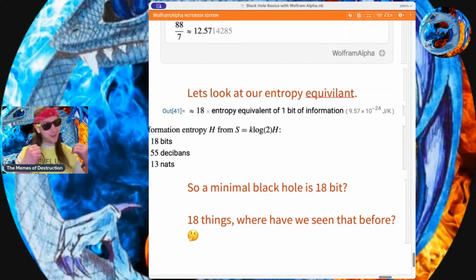Okay, I feel better about myself, because I would have had to rewire everything in my head. Apparently, for a minimal black hole, according to Wikipedia, its entropy is essentially 18 bits. So a minimal black hole is 18 bits. 18 things. Where have we seen that before?